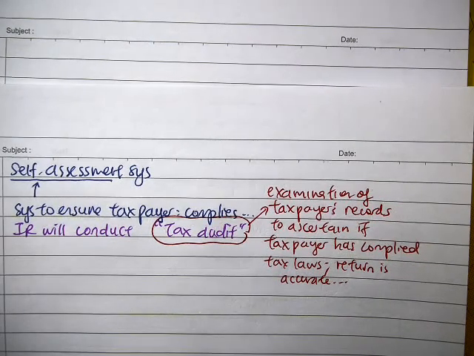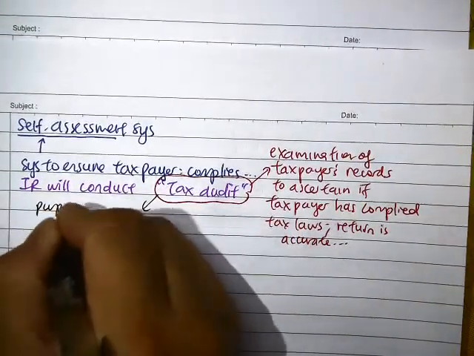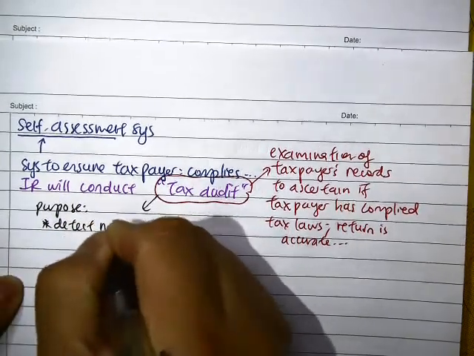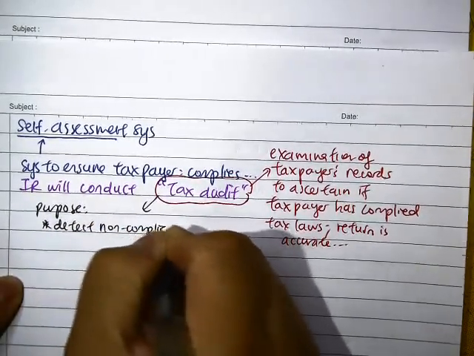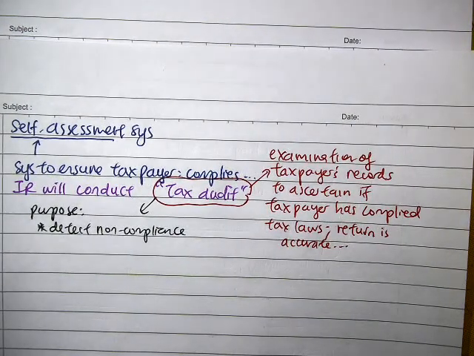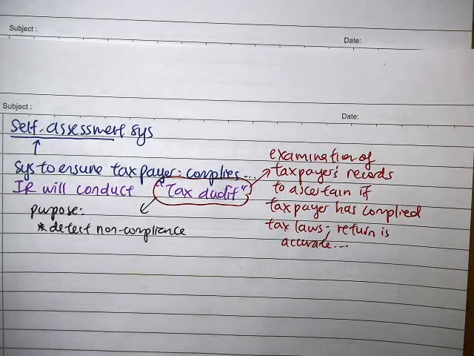So the purpose of why we do audit is, of course, to detect non-compliance, because when the audit is being conducted, we are able to catch those taxpayers who understate the income, understate the taxes.